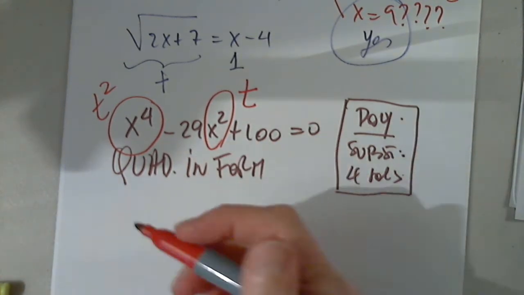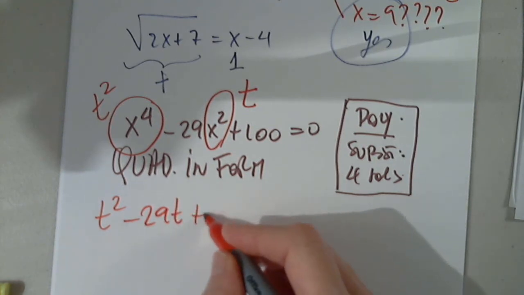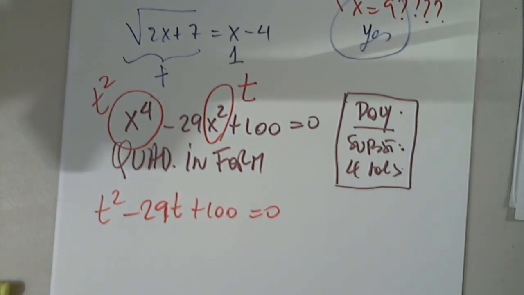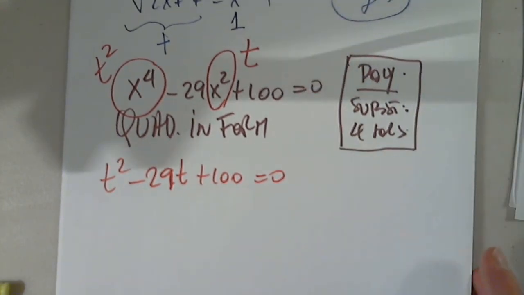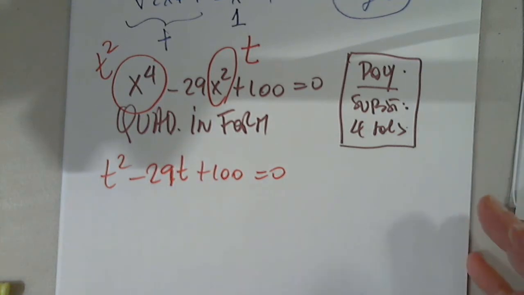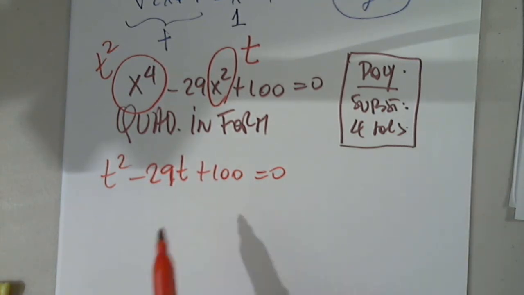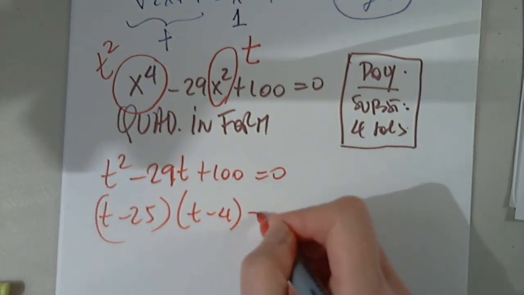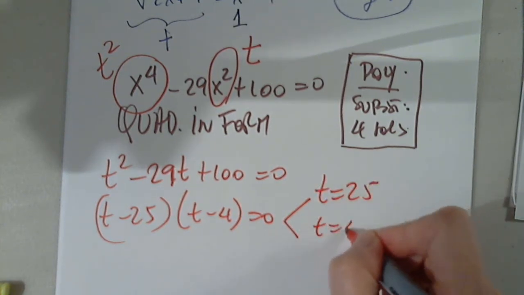So the equation can be replaced by t squared minus 29t plus 100 equals 0. If factoring takes more than 15 seconds, let's say, forget it, quadratic formula. But it's okay, it's negative 25 and negative 4. So t minus 25 and t minus 4, nice, t equals 25 and t equals 4.